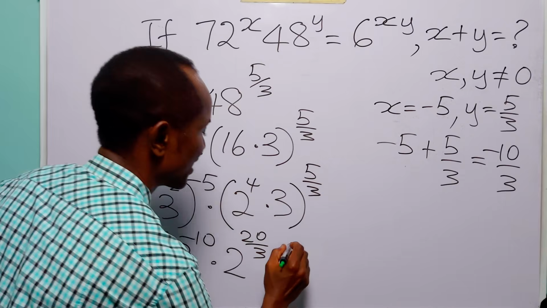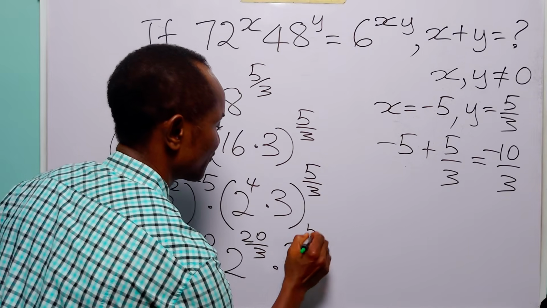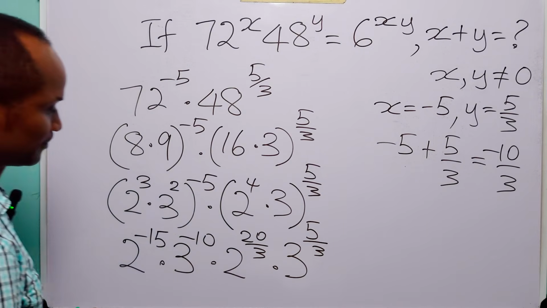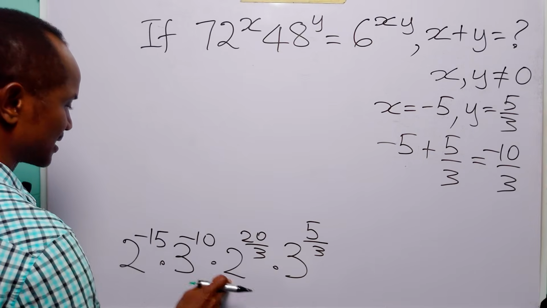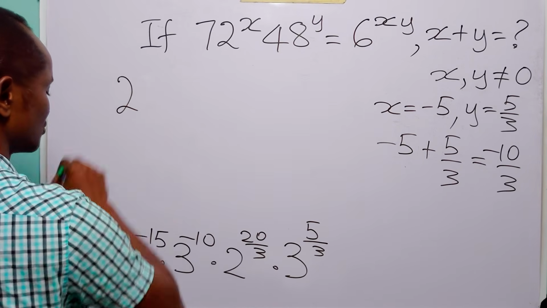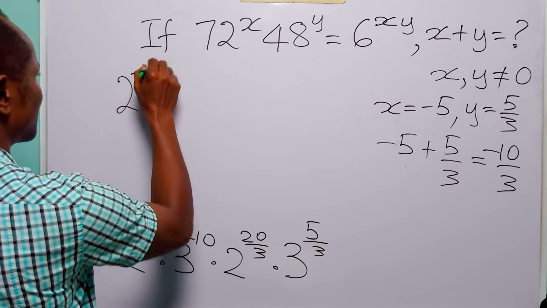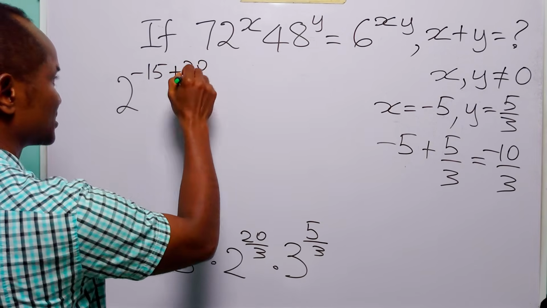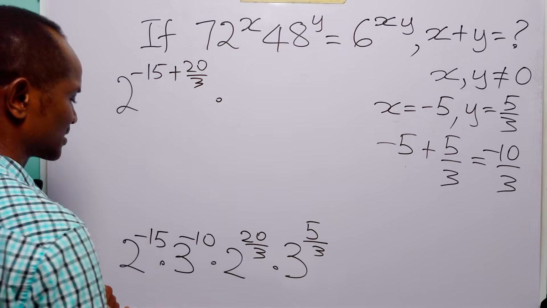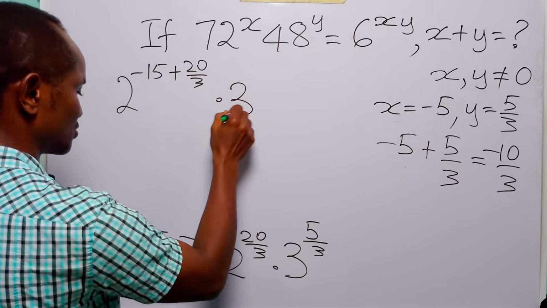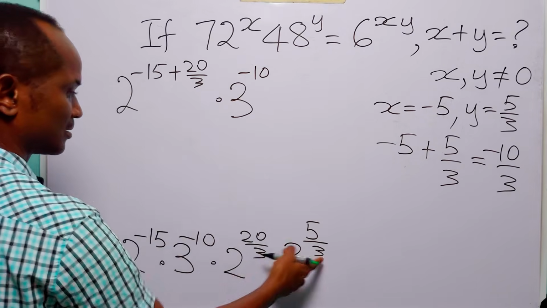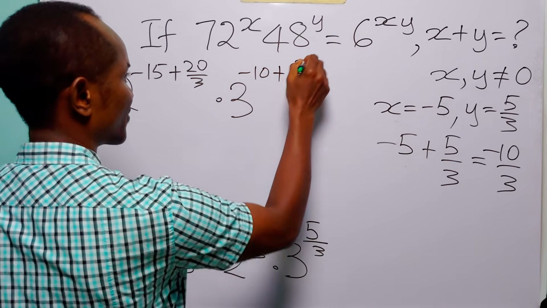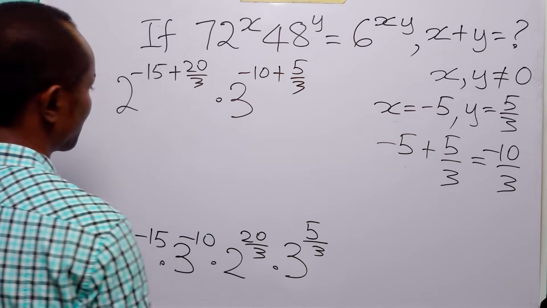And 1 times 5 over 3 is 5 over 3. And once more, collecting like terms, we have 2 to power minus 15 plus 20 over 3 multiplied by 3 to power minus 10 plus 5 over 3.